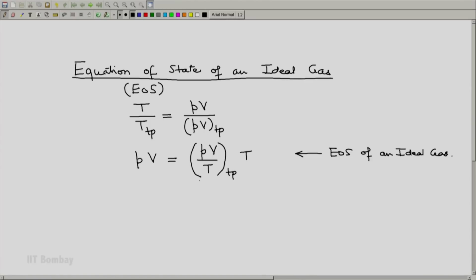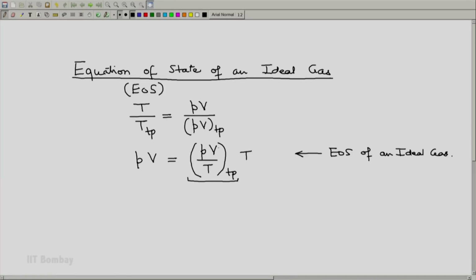Now you will notice that there is one parameter here, and P and T are intensive properties, but the volume is an extensive property. So this parameter will depend on the mass of the system or the actual volume of the system.